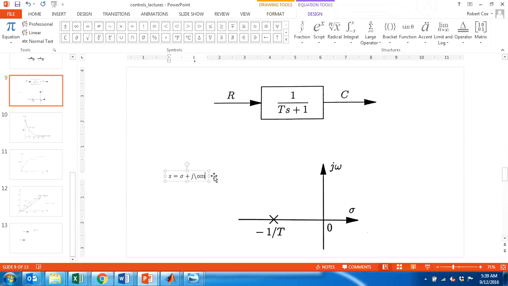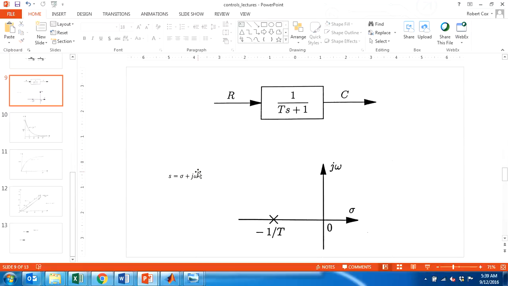We write it like this: the variable s has a real part and an imaginary part. In this case, my pole is at negative 1 over T, the value that makes the denominator equal to 0, and I always specify that with an x. So that's a purely real pole, because the time constant is always a real number in a first order system.